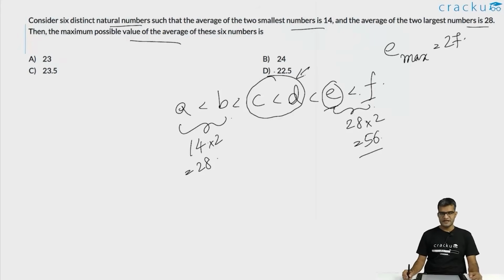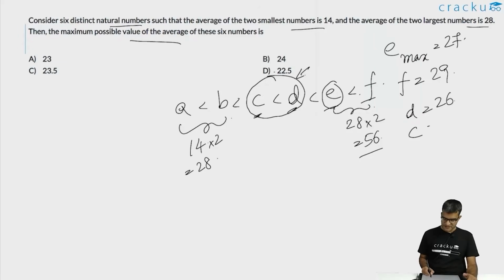Because if E is 28, F will be greater than 28 and their average will be greater than 28. So, the maximum possible value of E is 27, in which case the value of F will be equal to 29, and the maximum possible value of D is equal to 26, which is just 1 less than 27, and the maximum possible value of C is 25, which is just 1 less than 26. So, the maximum possible sum of C and D will be 26 plus 25, which is 51.